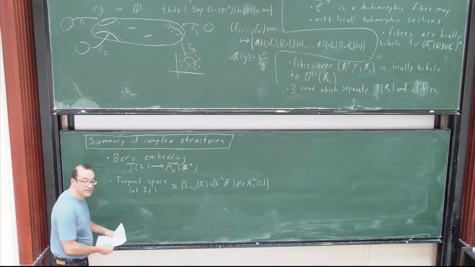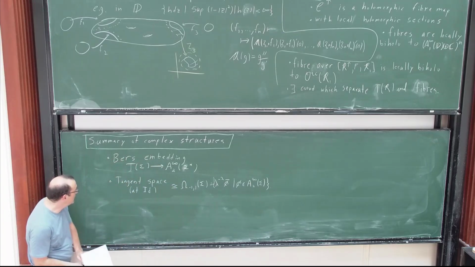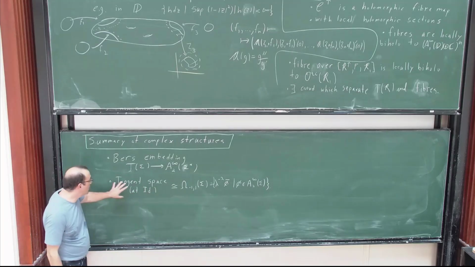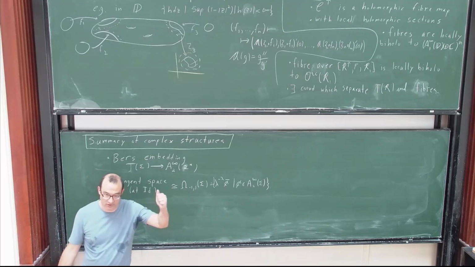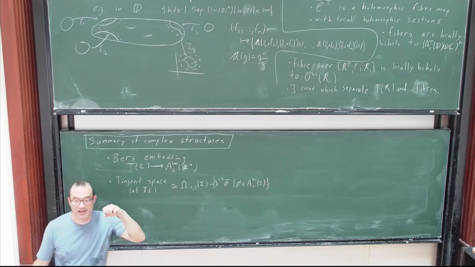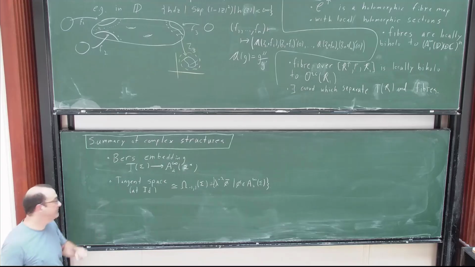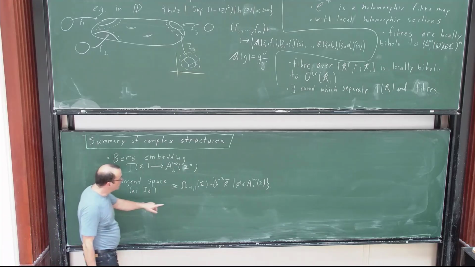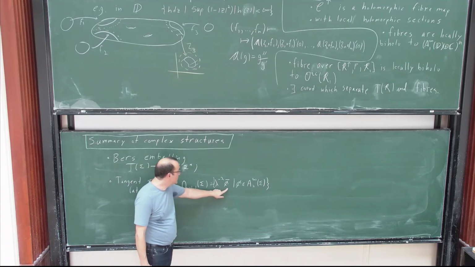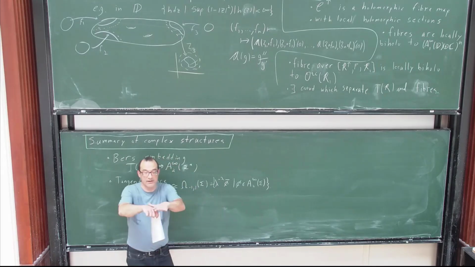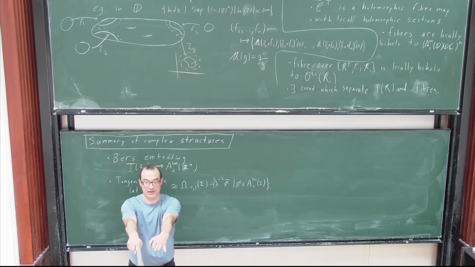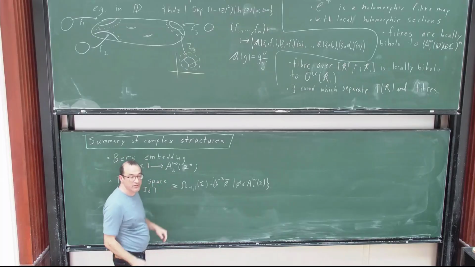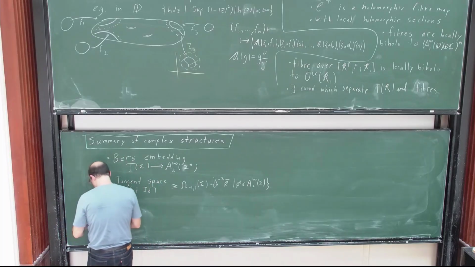And then there's a whole story in the 1960s picture that you can describe the tangent space, which gives another complex structure on the manifold, essentially by exponentiating the tangent space. Locally, this is actually a model. If you describe the tangent space, it also gives you local coordinates just by exponentiation. So this is another complex structure.